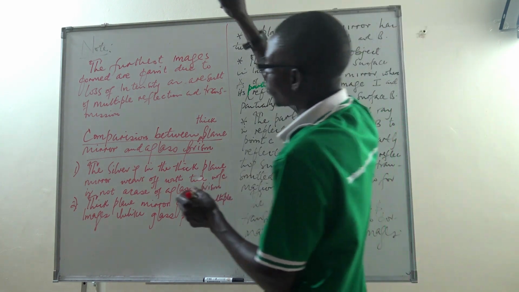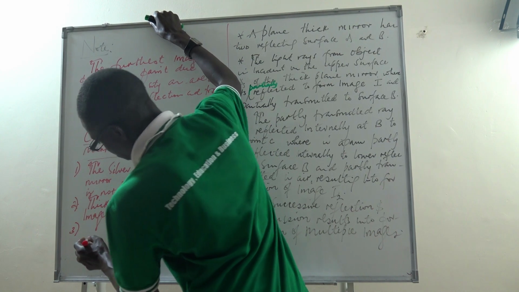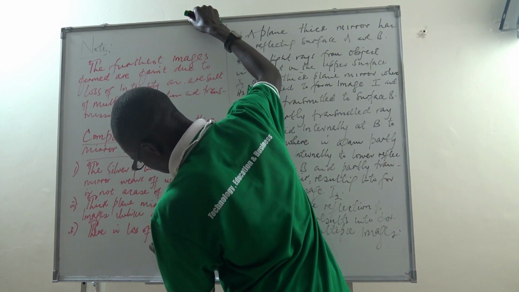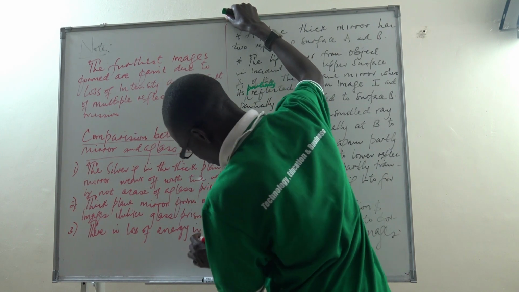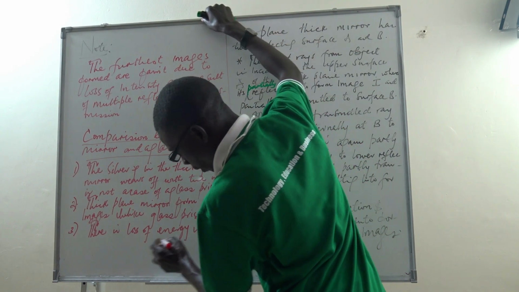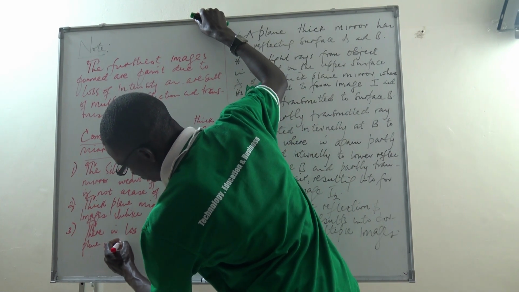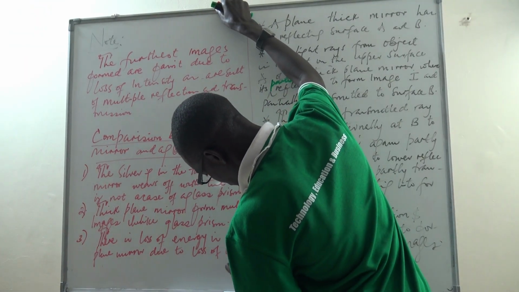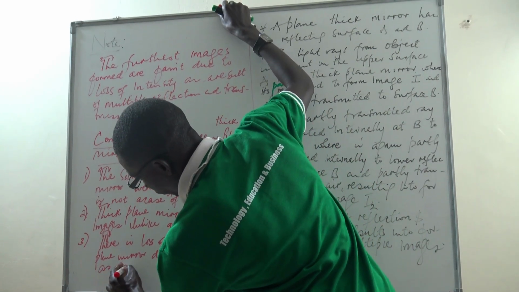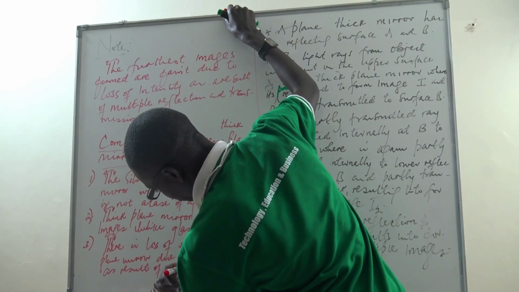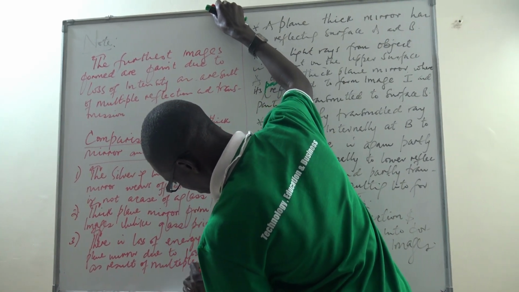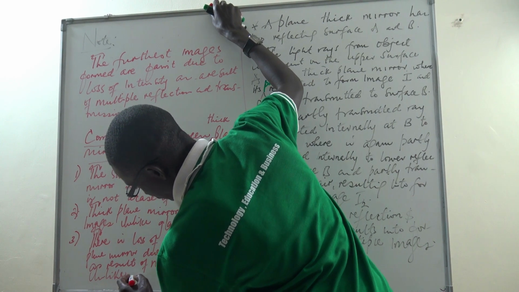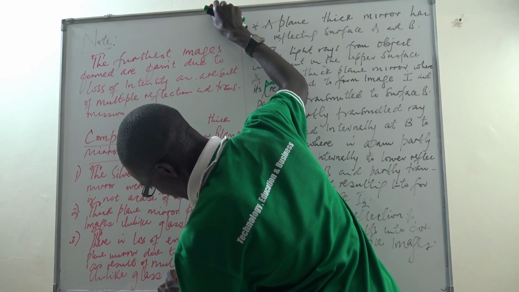And then lastly, there is loss of energy in the thick plane mirror due to loss of intensity as a result of multiple reflection, unlike the glass prism.